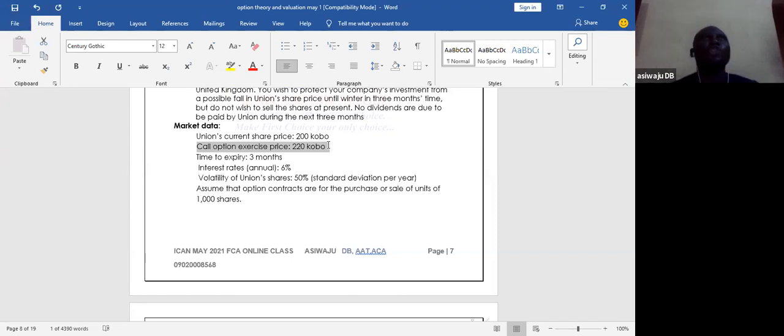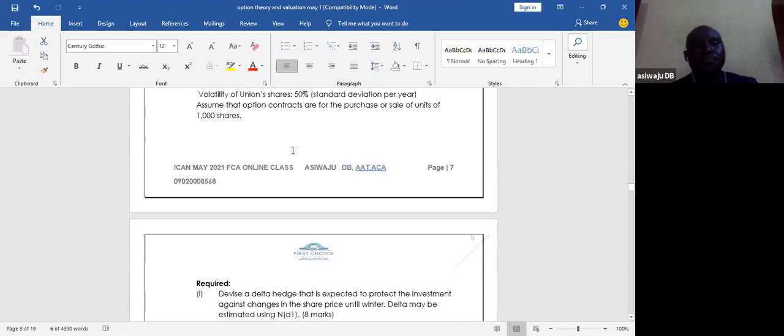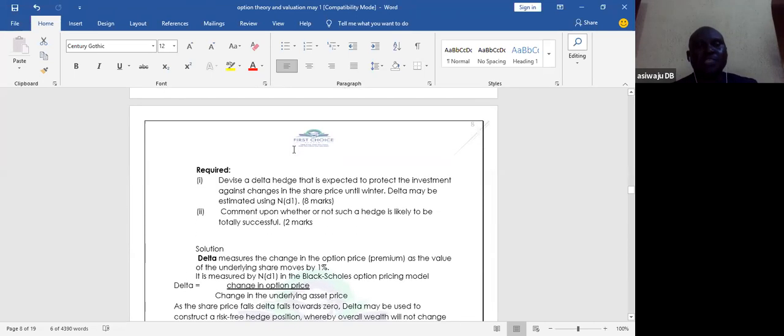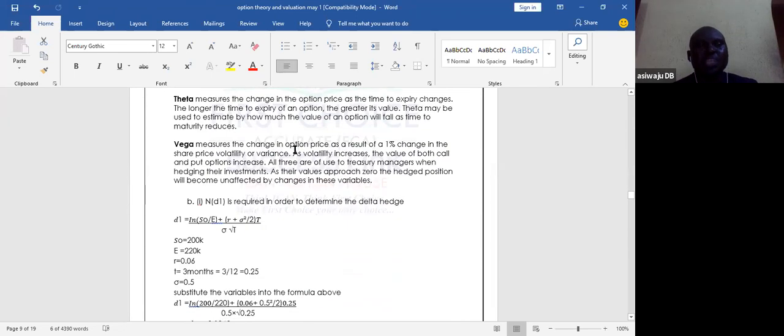Or if the customer is planning to sell his shares in the future, the right to sell is what? Put option. At times the examiner can be specific. At times the examiner will create a scenario that will provide guidance on whether you require a call option or a put option. That is fine. Now let's go back to the solution.